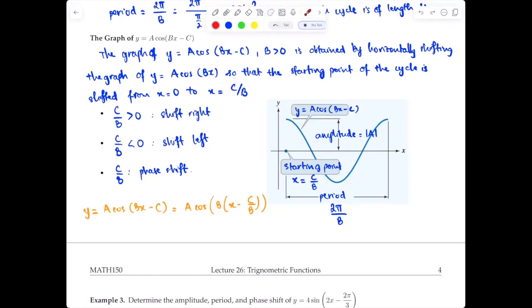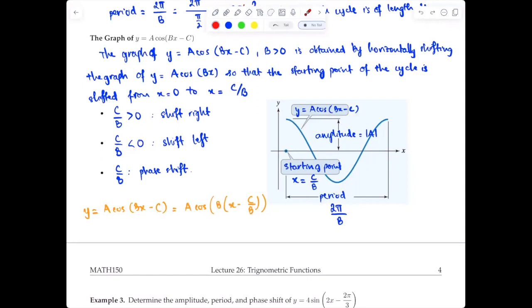So you have the value c over b. If you want to shift the function to the right, c over b has to be a positive number. And if you want to shift the graph of the function to the left, the value c over b has to be a negative number. And there is a name for this value c over b. It's called the phase shift.